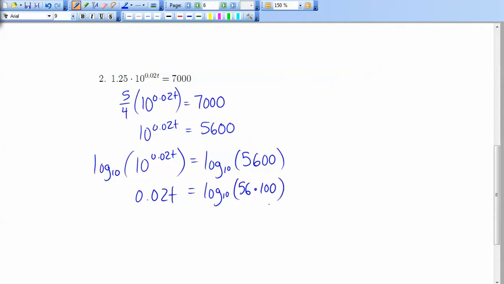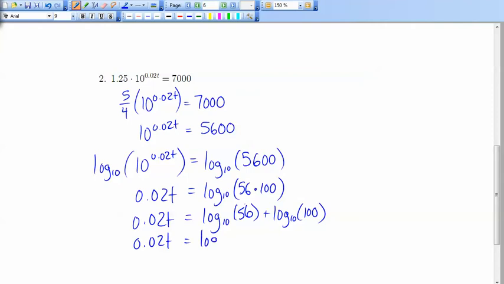And we could use a log law over there. So we'd get the log base 10 of 56 plus the log base 10 of 100. Now, the log base 10 of 100, it's the exponent you raise 10 to get 100, it's 2.